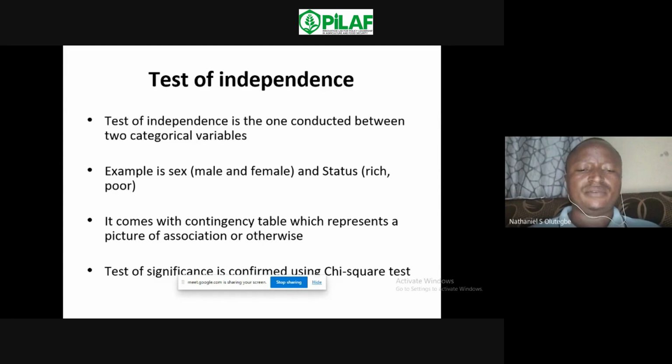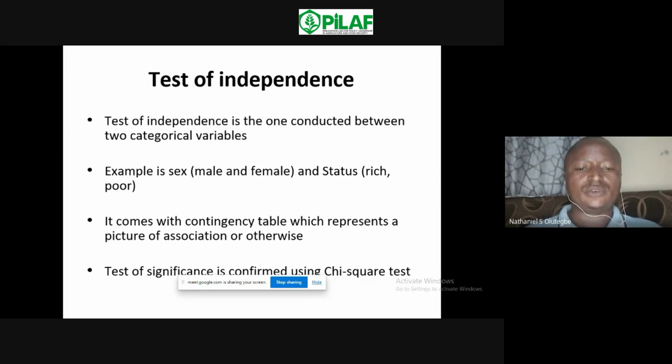And at the end of the day, when you are conducting a statistical analysis, decisions are not made at the level of descriptives. Decisions are not made at the level of just counting. Decisions are made at a certain significance level, say 1%, say 5%, sometimes 10%.